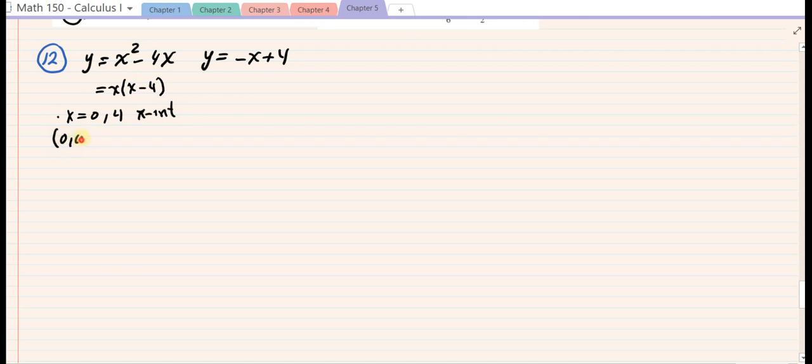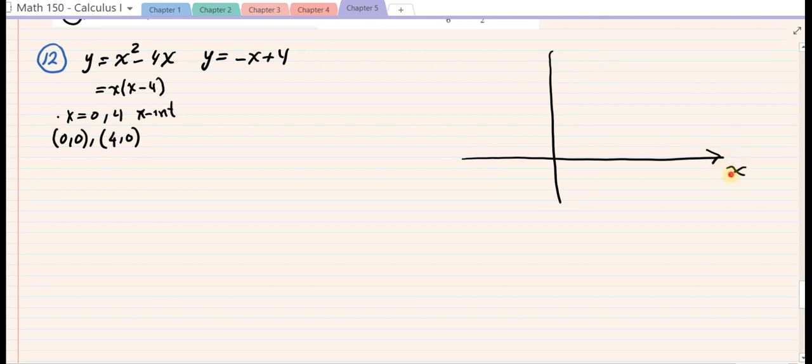So this is going to be 0, 0, and the other place 4, 0. Now, as we graph this thing, on future ones I'll try to maybe use Desmos or GeoGebra to graph those, so you get a better graph. But for this one, right now, here's 0 and there's 4, let's say. And then the vertex is going to be halfway between those two.